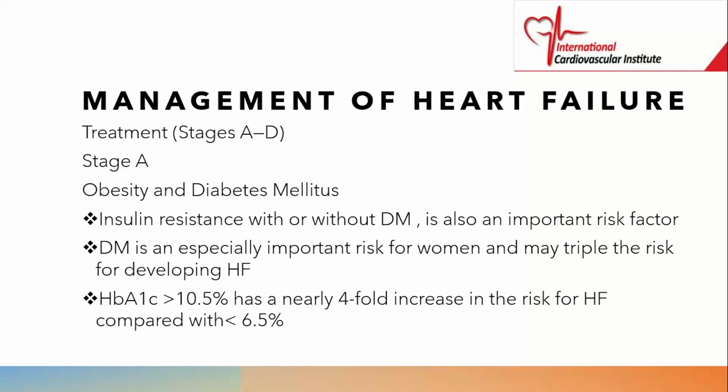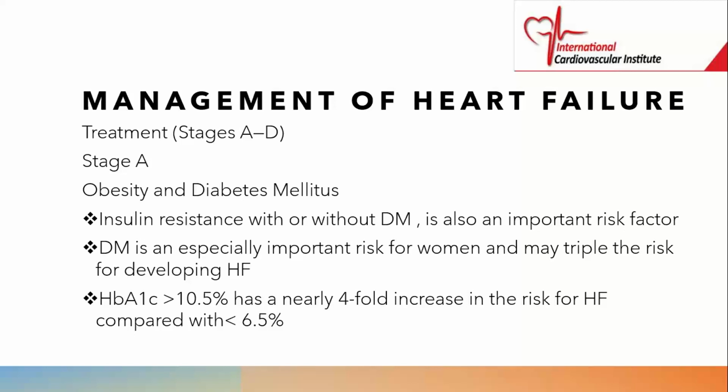Studies have shown that if you look at the hemoglobin A1C, which as you know gives you an accumulative diabetes control over the previous 3 months, if the hemoglobin A1C is greater than 10.5%, patients usually have a greater than fourfold increase in risk of heart failure as compared to those with a hemoglobin A1C of less than 6.5%.